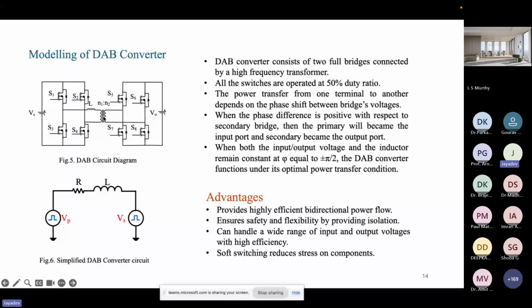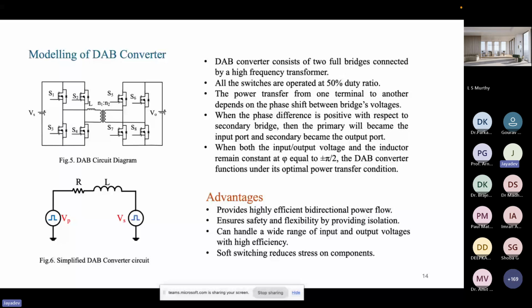If you find the voltage across the transformer, that is the bridge voltage. The bridge voltage phase difference from primary to secondary will decide the power transfer from either side.